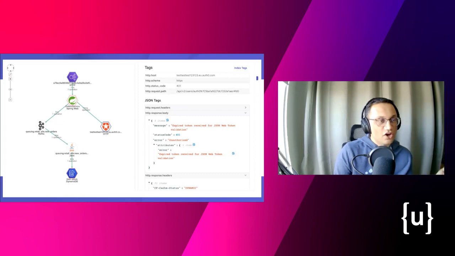Then once you focus on the Auth0, because of the payload information, you can also see that the JSON token has expired. So in case of Auth0 specifically, you might want to use refresh tokens because the access token has expired. In this way, the troubleshooting of this particular scenario was reduced by quite a lot as compared to the troubleshooting using just metrics and logs.